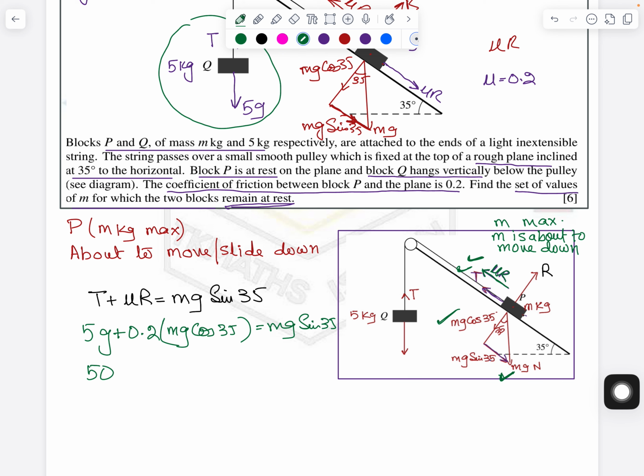Because we have to find mass, I will take this term to this side and take m out as a common factor. Now pick up the calculator and calculate m. Okay, so I'm getting 12.2, and the unit will be kg.